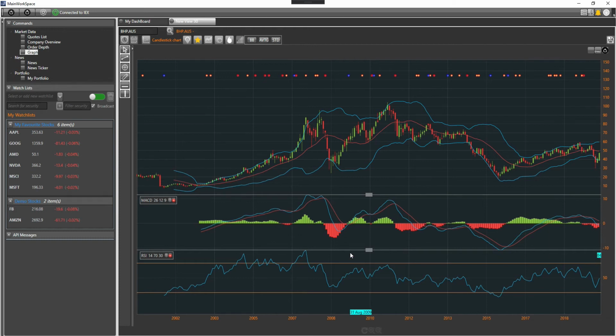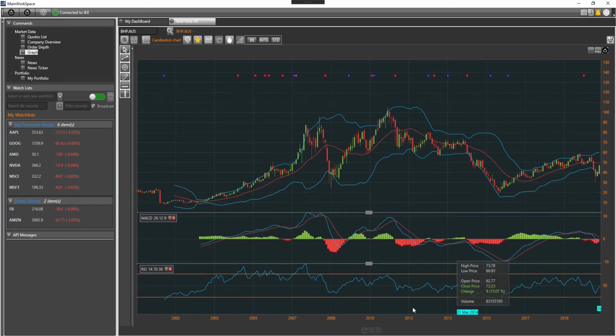Alpha Vantage covers quite a few international exchanges, but it has a limited amount of data, whereas IEX Cloud is more comprehensive and covers the US and a few other exchanges like the LSE, but it doesn't cover the ASX. Okay, so let's get rid of some of this clutter.